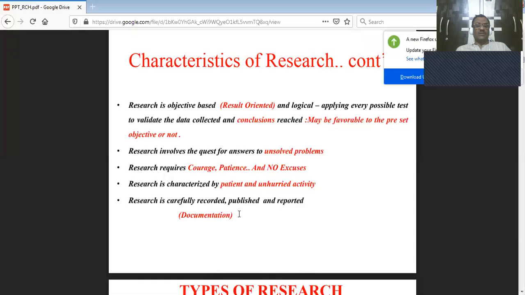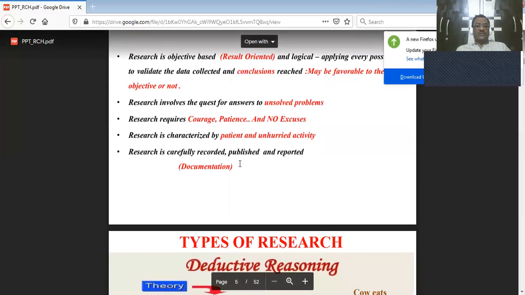Documentation plays a very major role because you are going to allow your research to be in the public domain so that it may add value to the society, and to the existing research work, and that's going to be our intellectual contribution. For that, documentation is very much required.